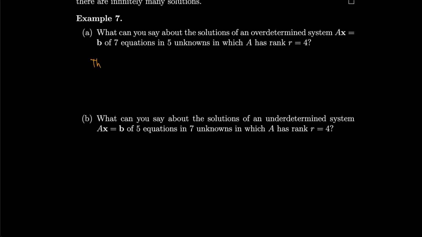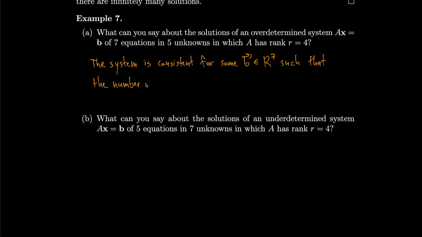So the system is consistent for some vector b that lies in R7, such that the number of parameters in the general solution, meaning for any such b, it's got to be at least one b that works, and the general solution is, well, remember it's n minus r.